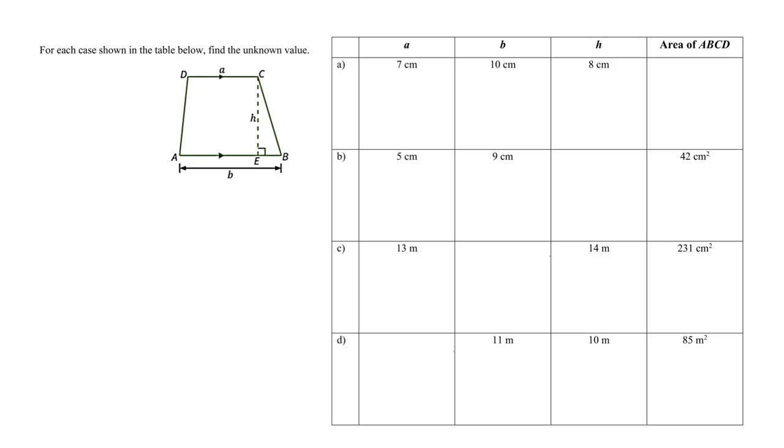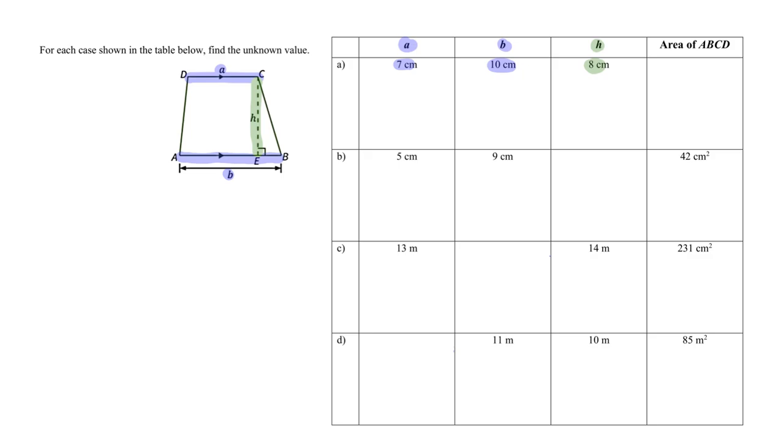So I'm going to just make sure that you all can see that A and B are the parallel sides. Okay, and the height is my H, which is the perpendicular distance between the two parallel lines.